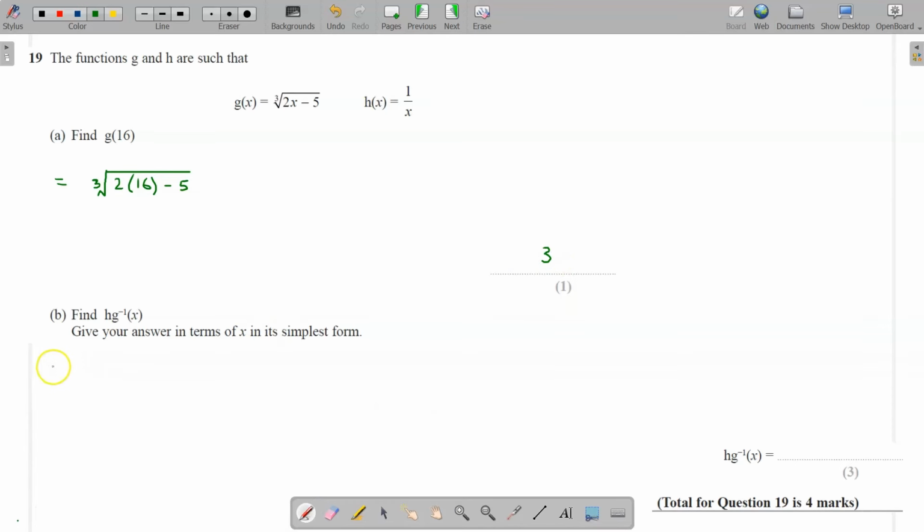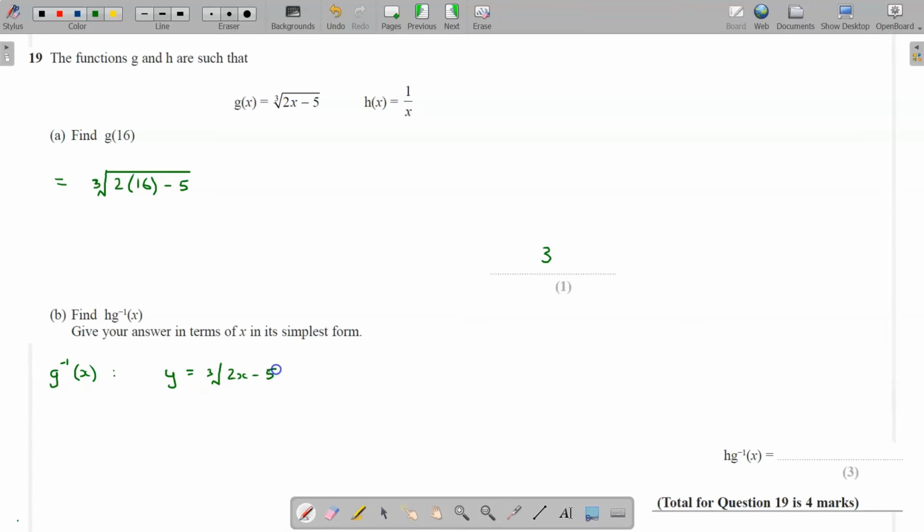Now for the second part, we've got to find the combined function h applied to the inverse of g. So to do that, we first of all need to find the inverse of g. So what is the function g to the minus 1 of x? That's what we're going to find out. So we're going to start by setting y equals the cube root of 2x minus 5.